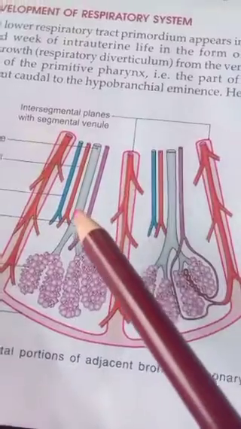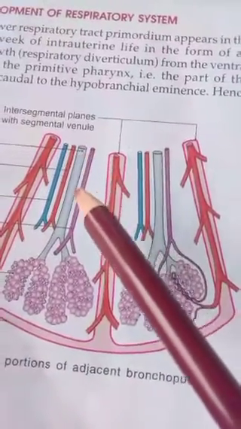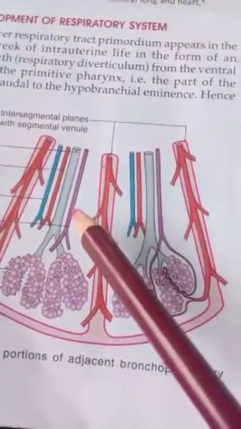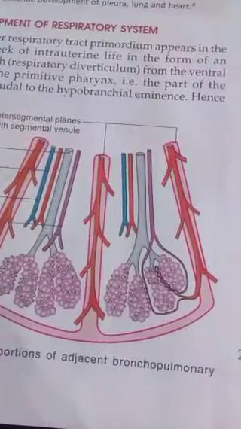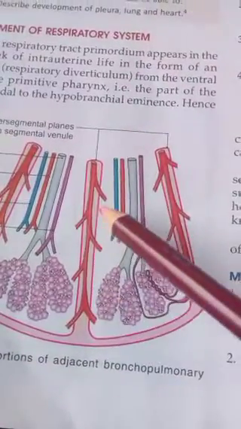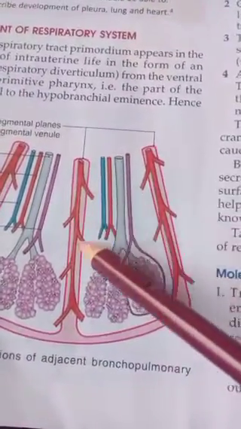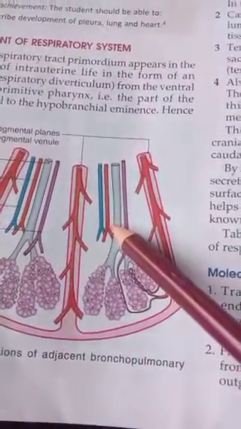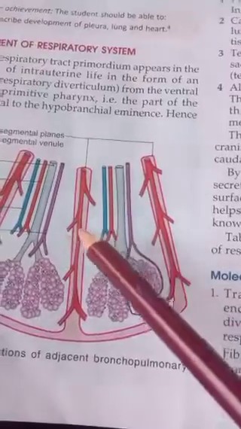Each bronchopulmonary segment has its own segmental bronchus, segmental artery, autonomic nerves, and lymph vessels. Segmental venules lie in the connective tissue between adjacent pulmonary units of the bronchopulmonary segments.